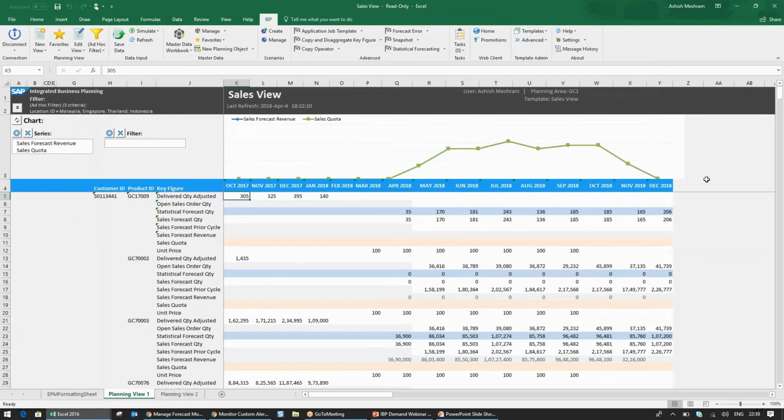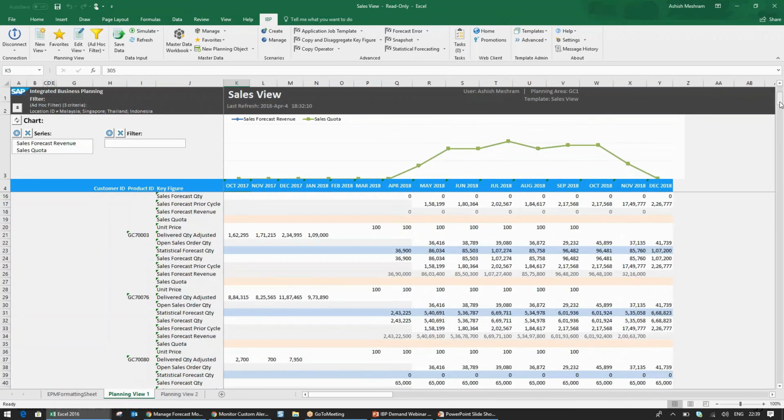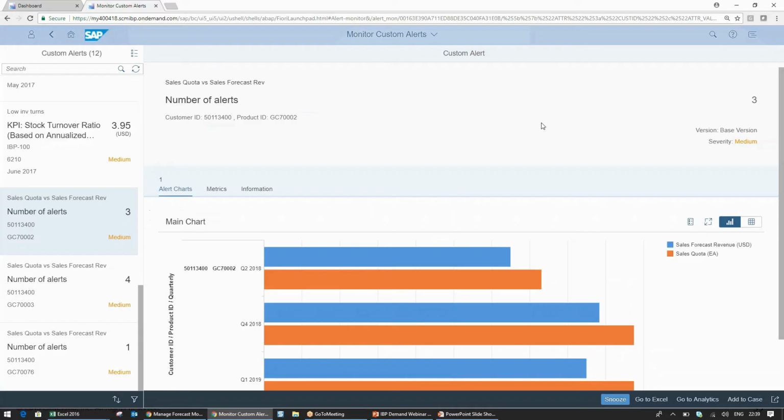He can also create an alert based upon the quota and the revenue, and that alert you can see in the custom monitor custom alert app. So I've created an alert wherein whenever my sales forecast revenue is less than my sales quota, I should get an alert.